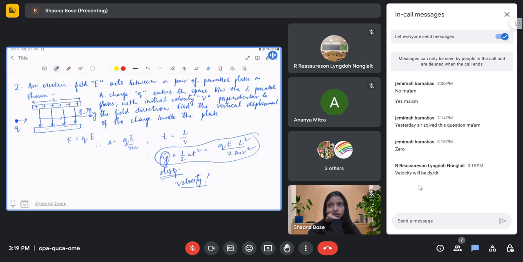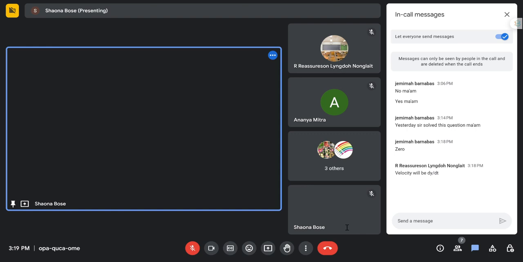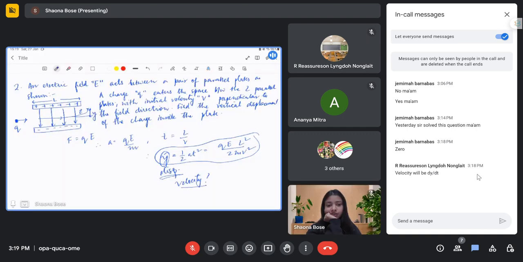It is dy by dt when you already have an acceleration here, right?